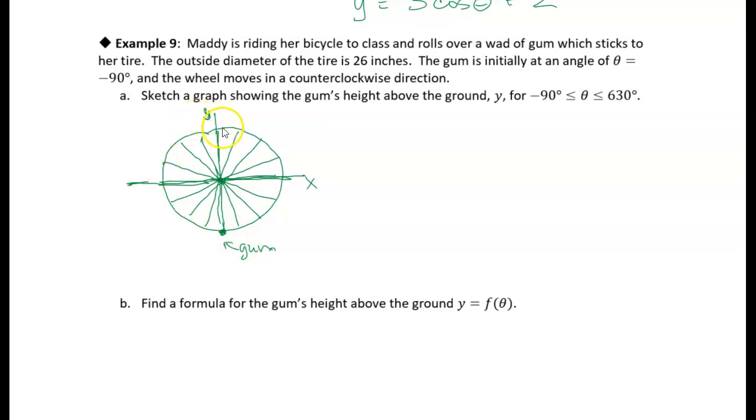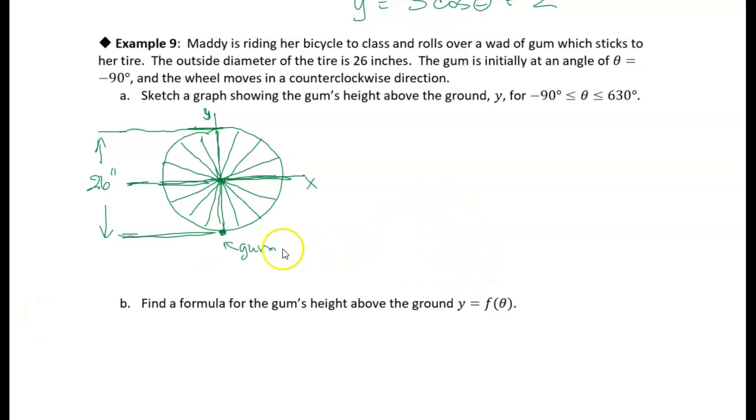Now we are also told that the diameter of her wheel is 26 inches. So the distance from the top to the bottom is 26 inches, which means the radius is 13, right? So we want to sketch a graph showing the gum's height above the ground for angles between minus 90 and 630 degrees.